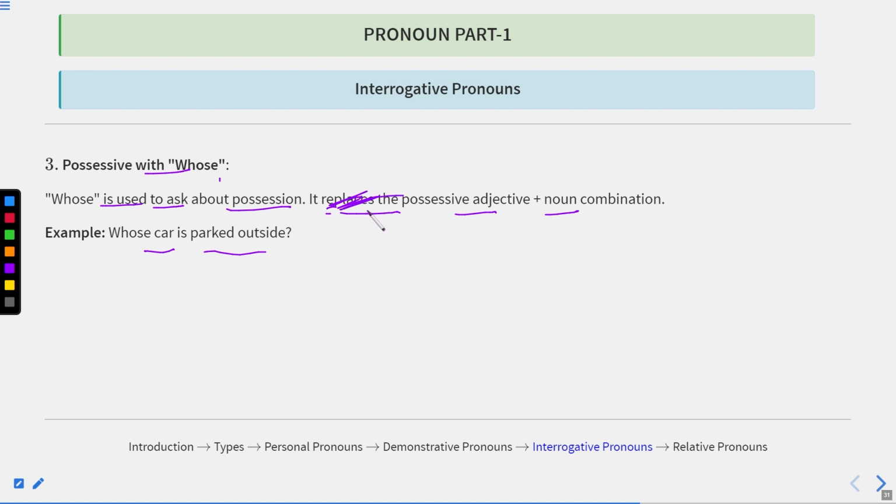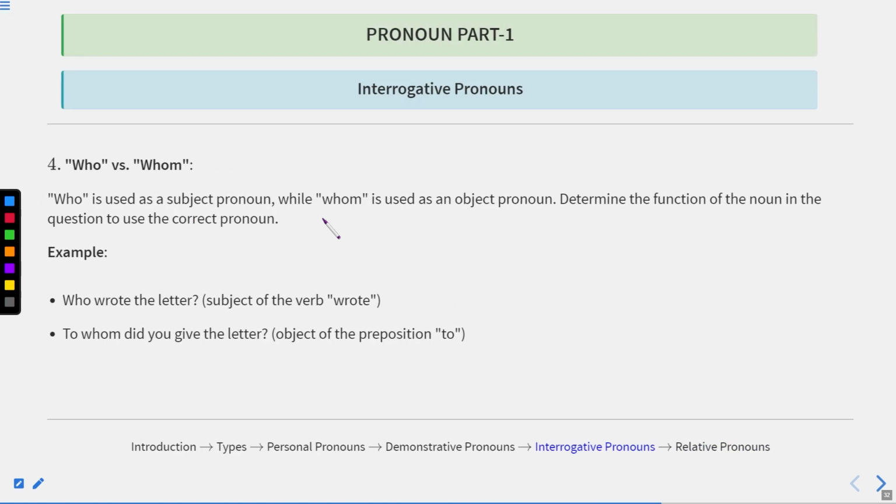If it replaces, there can be another sentence that can be formed from this part. It cannot replace, so you cannot say this. Although if it replaces, it will make the possessive pronoun, but there whose should not be followed immediately by a noun. Otherwise it will be an adjective.